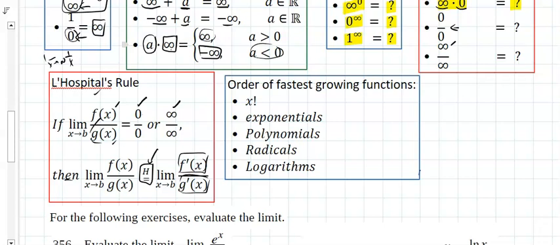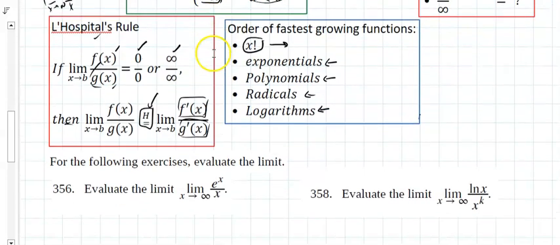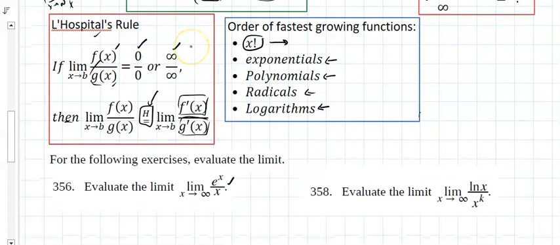Now, this is for you to keep track of what the limit should be. A factorial is the fastest growing function that we know of. After that, in order, are exponential, polynomials, radicals, and logs are by far the slowest growing functions. If I'm looking at this problem, for example, I notice there's an exponential divided by a polynomial.